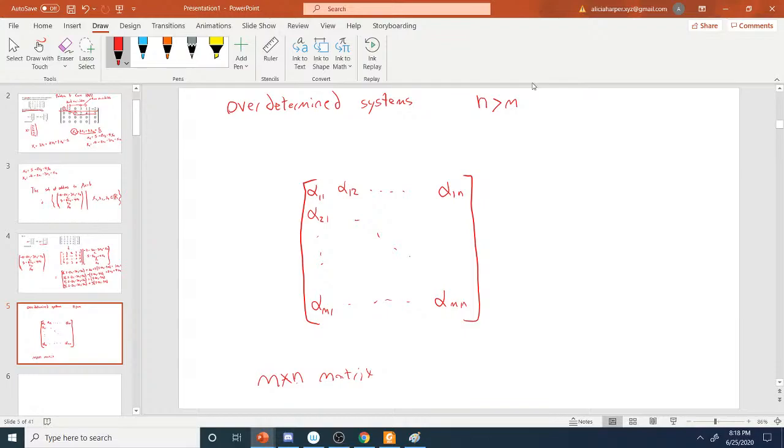And an overdetermined linear system is something like this matrix multiplied by a vector like this, and being set equal to a vector like this.